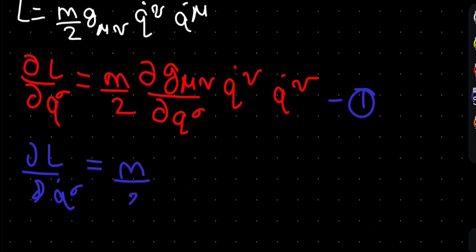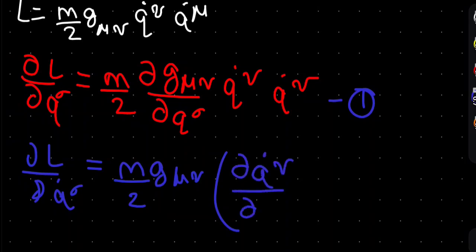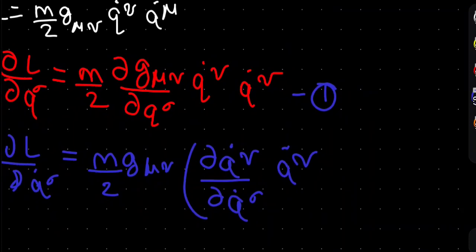We have m by 2 g_{μν}, and first we do the differentiation like this: del q dot ν divided by del q dot sigma, and here q dot μ. You have to remark the indices and label the indices correctly.